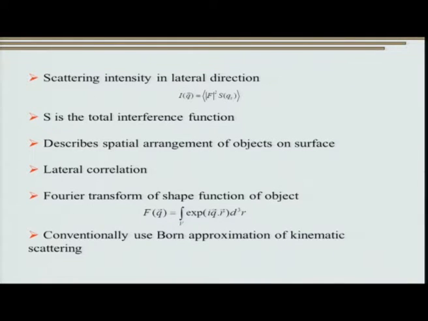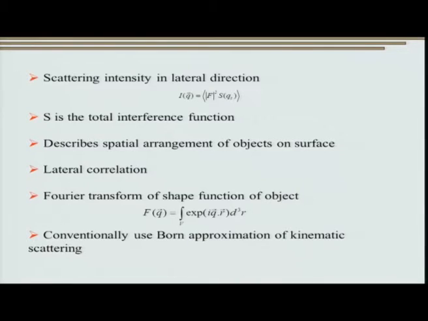So the actual intensity that we get is a combination of these two. We studied in the last class that we can derive shape functions and take the Fourier transform, because remember, in real space the particle, or quantum dot for that matter, is going to have a size, shape and morphology.